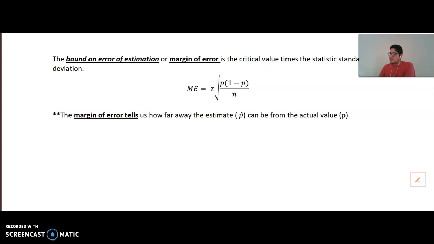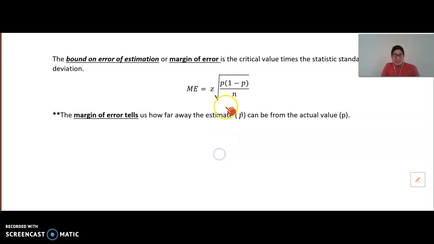Just as a reminder, for confidence intervals, we're guesstimating. We are trying to figure out what's a reasonable value for the population parameter. As we know, our confidence interval is the point estimate plus or minus the margin of error, which is all of this.